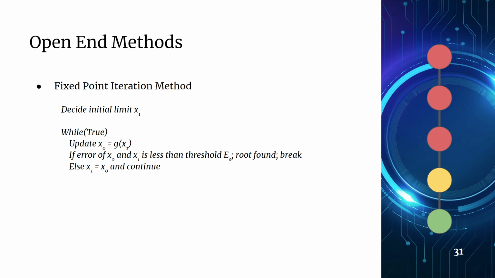Fixed point iteration is also the same, but there are some special cases for this. For example, you have been given x square minus x minus 1 equals 0, an equation like this. You can rewrite this equation. In actual fact, you can write it like x equals x square minus 1, right?